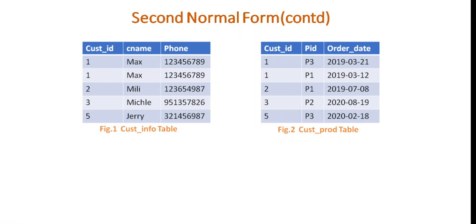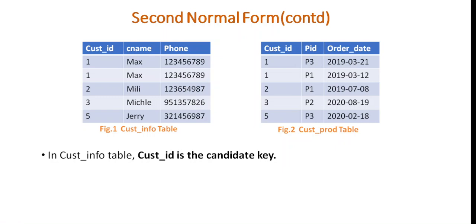So the larger relation, which is not in second normal form, is divided into two relations, two tables. Now we can say these two tables are in second normal form. In cust info, figure number 1, customer ID is the candidate key. It is the only candidate key.